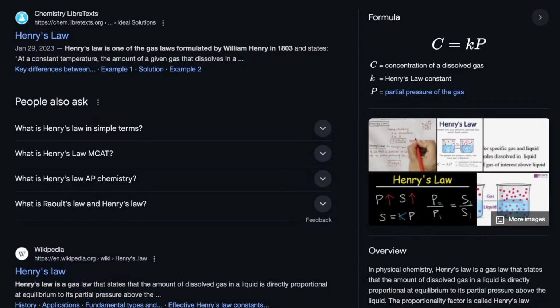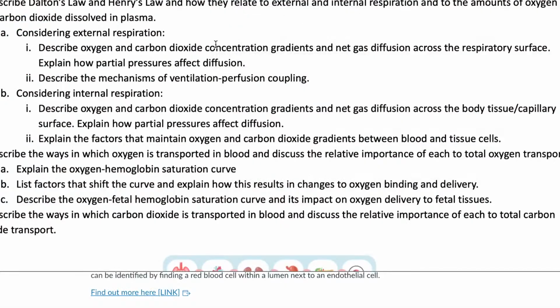And that's important because carbon dioxide dissolves into our blood a lot easier than oxygen does. So we'll probably get into that later. And in the homework assignment, we talked about how increasing the partial pressure of oxygen helped oxygen dissolve into liquid, into our blood, better. So that's Henry's law.